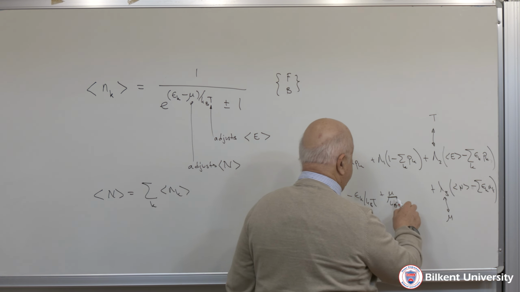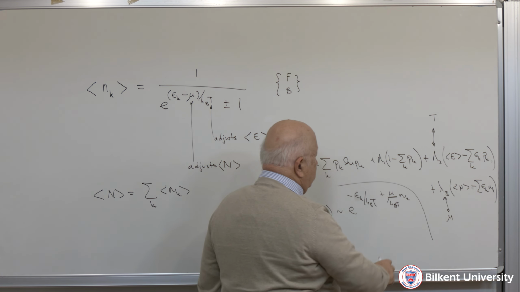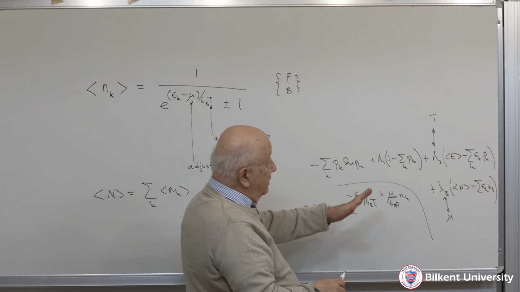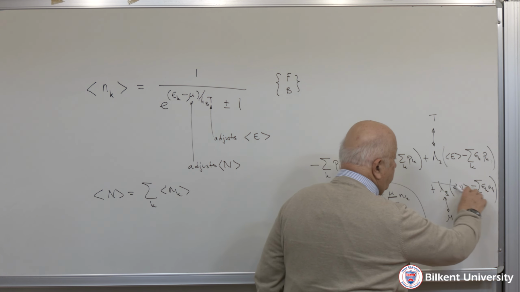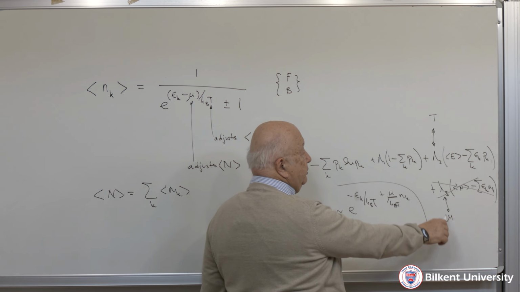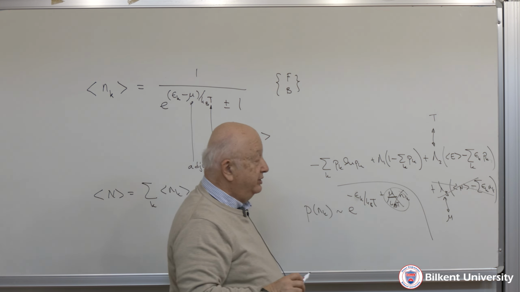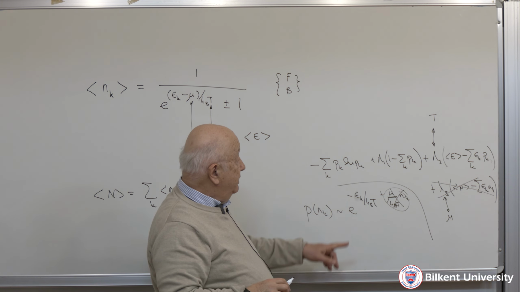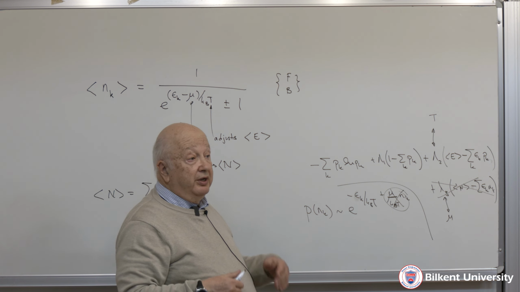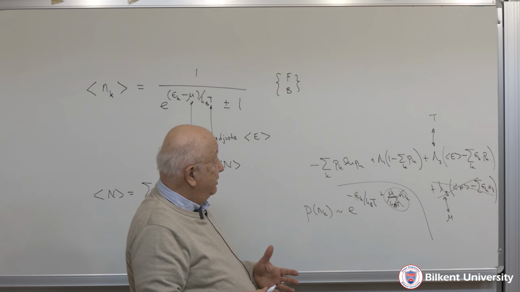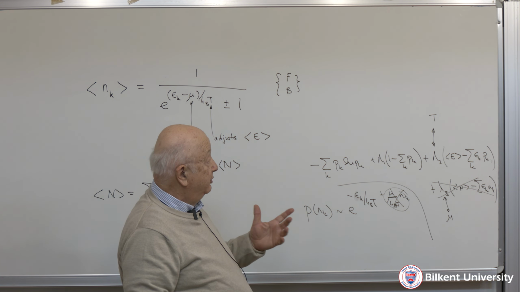In fact, there's an nk here. Now if I don't want any constraints on the number of particles, then I don't want this term, so I set mu equal to 0, and this is just going to disappear. That is the case when I am not interested in the number of particles. Either I don't want to set that equal to something, or I know what it is and I want to use that particular number.